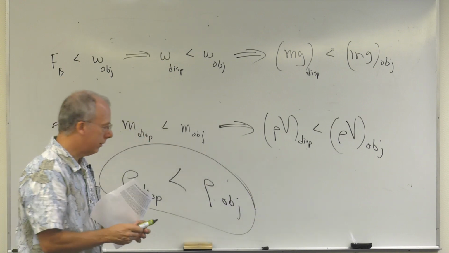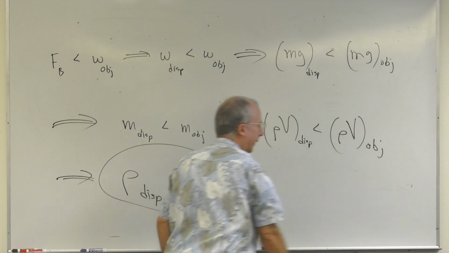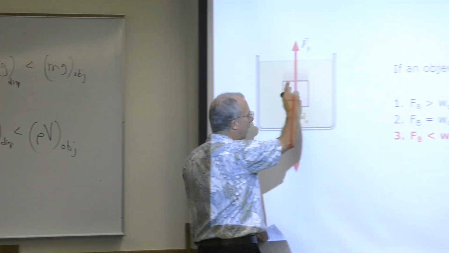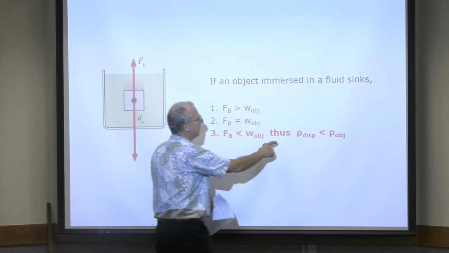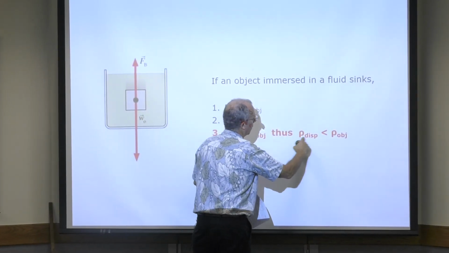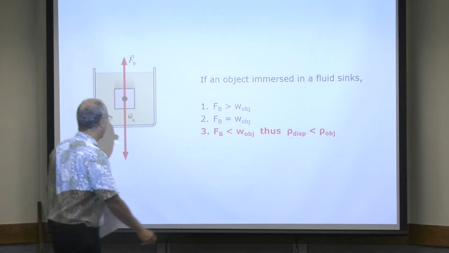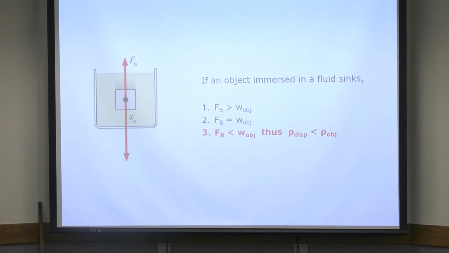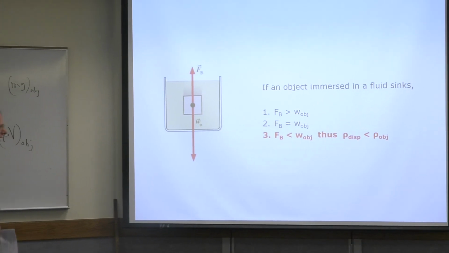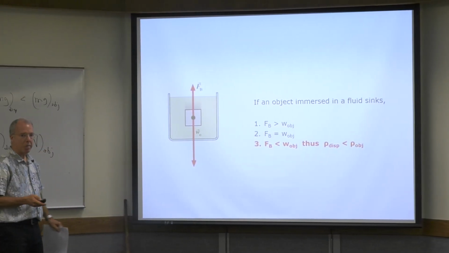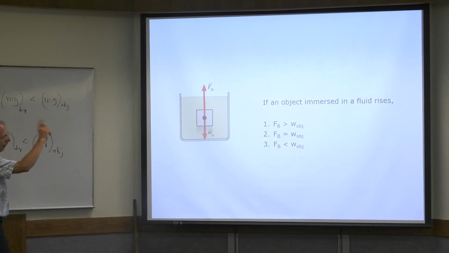So there you go. If an object immersed in a fluid sinks, it means the density of the displaced fluid is less than the density of the object. Or you can say the density of the object is greater than the density of the fluid if it sinks.